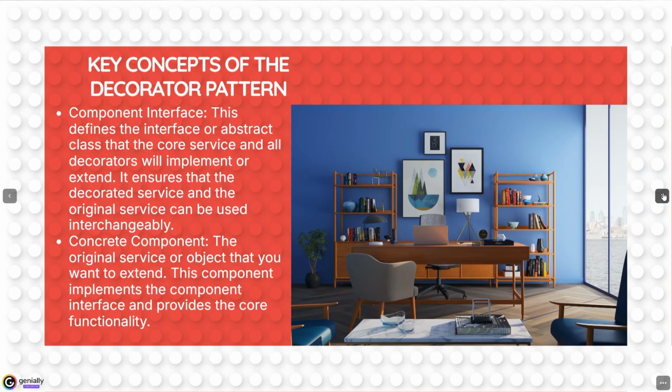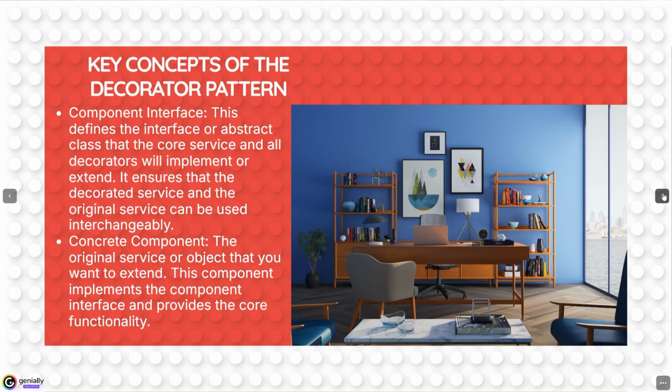So let's take a look at some key concepts of Decorator pattern. One is component interface. This defines the interface or abstract class that the core service and all decorators will implement or extend.